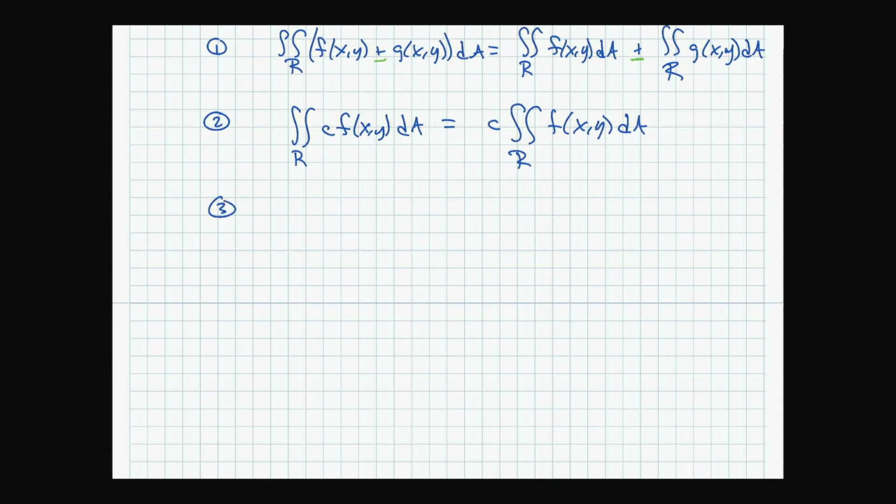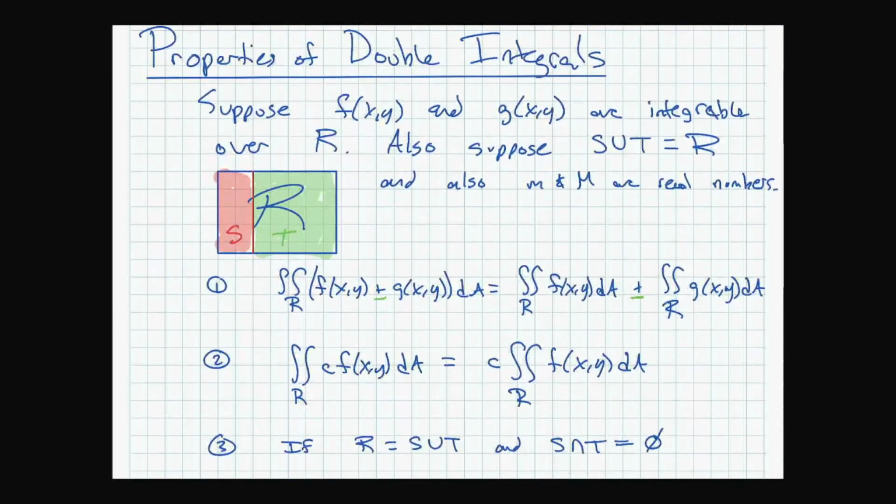Third thing, they say if R is equal to S union T, we already wrote that, but also they say S intersect T is the empty set. They're saying they don't overlap, right? Like S is here, T is here, but they don't overlap at all.